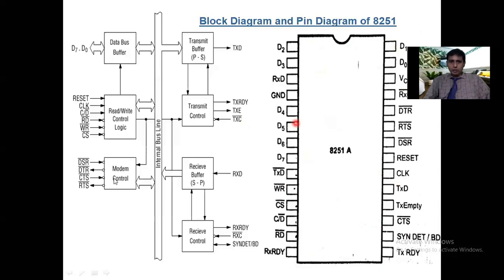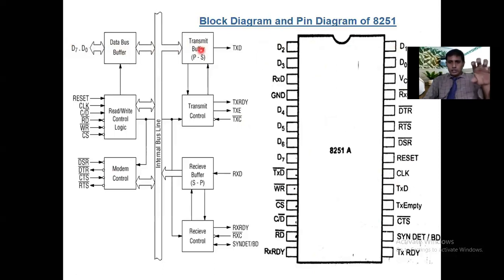I hope you understand the block diagram as well as the pin diagram. The simple thing is, for example, the processor wants to send its 8-bit data to an external serial port device. In which way is it possible? The processor first sends its 8-bit parallel data to the data bus buffer, then from the data bus buffer to the transmit buffer. In the transmit buffer, two registers are there: the buffer register and the output register. The buffer register holds the 8-bit digital data from the CPU.